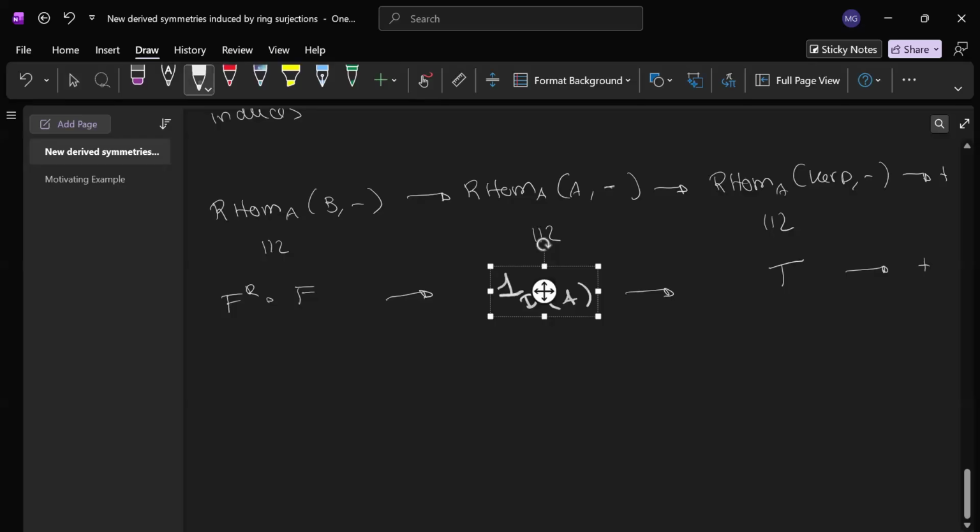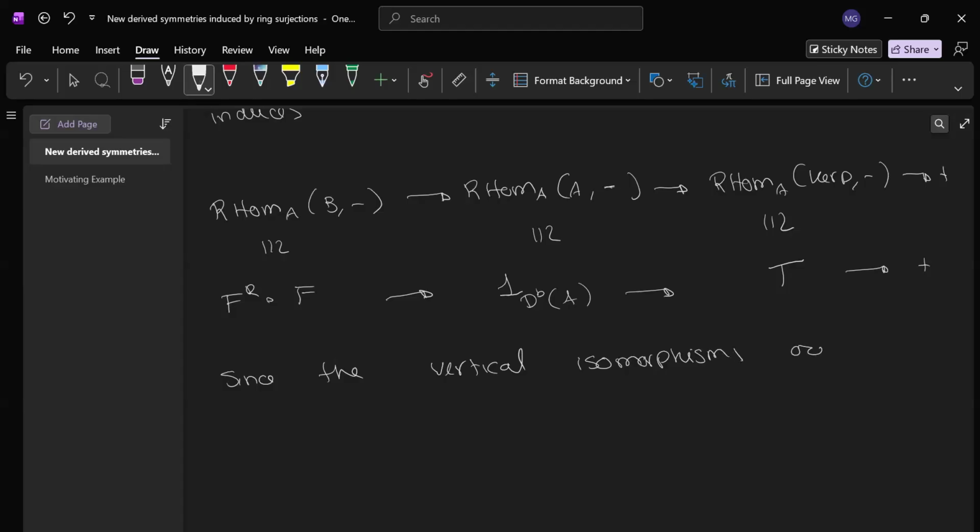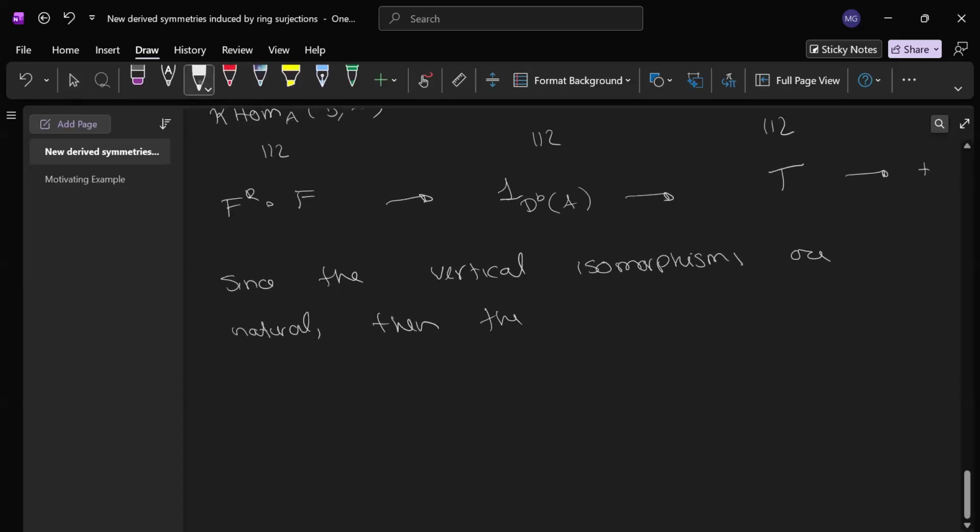So since the vertical isomorphisms are natural, then the twist T is isomorphic to this functor curly T, which we've defined to be R-hom A of the kernel of our ring surjection.